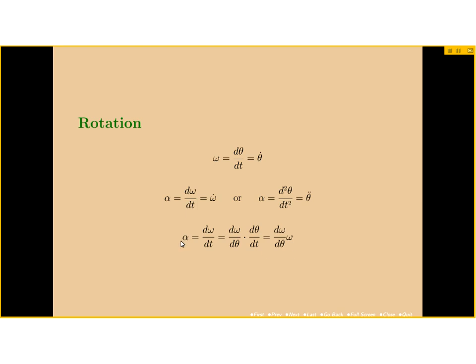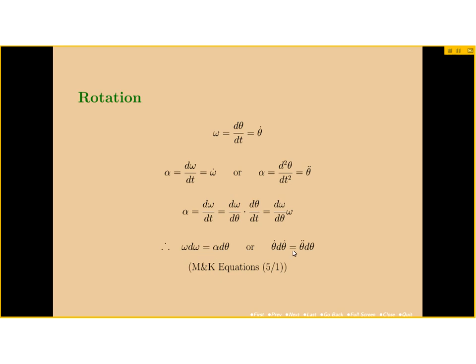So this tells us that alpha can be expressed as the derivative of the angular velocity with respect to the rotation angle times the angular velocity. This in itself doesn't seem very meaningful, but if we now multiply this equation with d theta, we end up with this equation. This is just another way of expressing the same equation. And this is very important because it says that omega times d omega is the same as alpha times d theta.